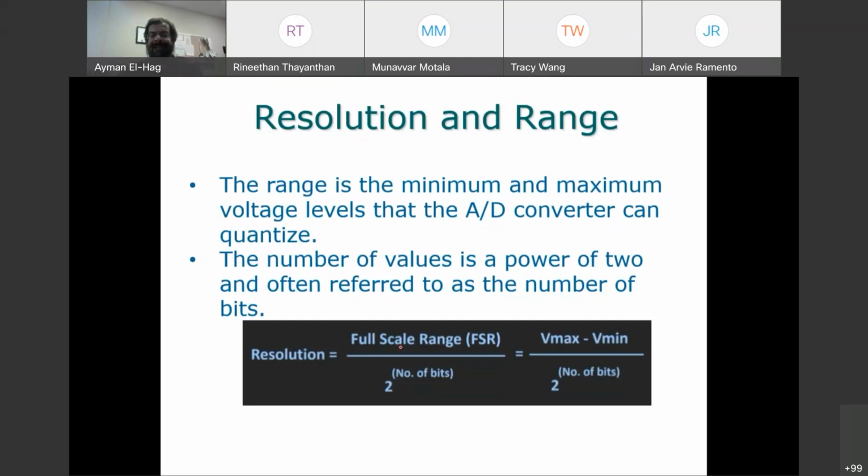So your full scale range is 5 volts. That is the maximum. Now, your resolution is this full range divided by 2 to the power of the number of bits, which is how many possibilities you can have. And we will have 2 simple examples here to give you more insight about this.